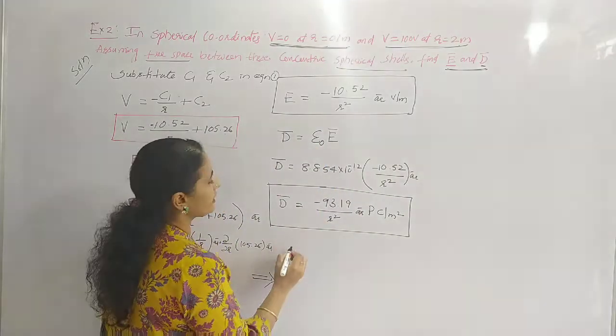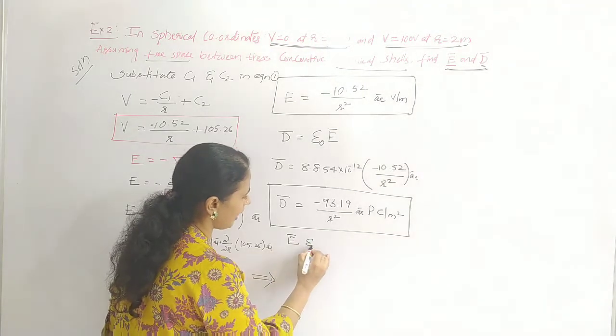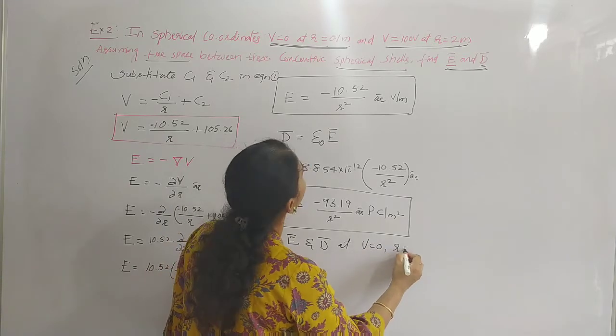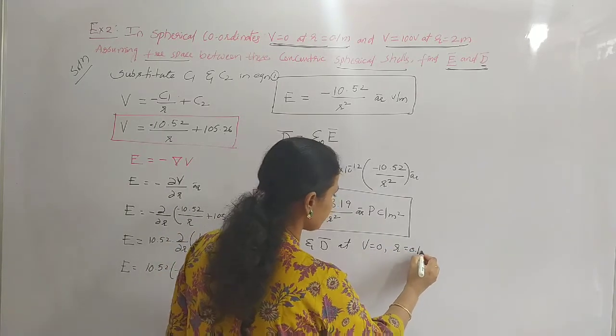Now let us find the E bar and D bar at V equal to 0, or R equal to 0.1 meter.